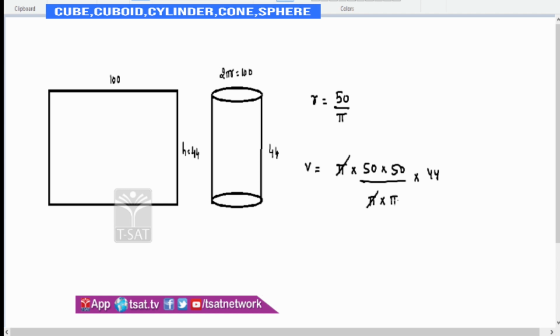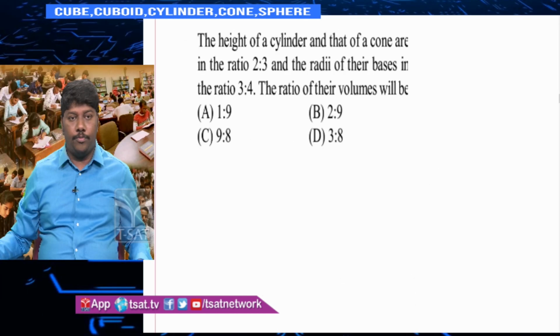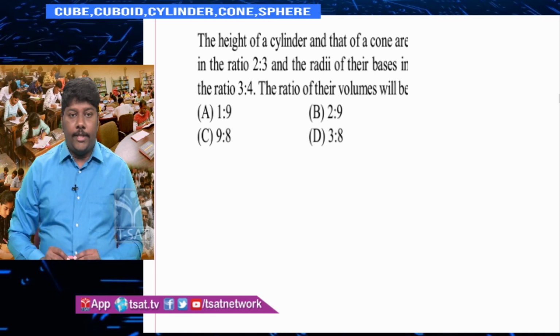This pi means 22 by 7. 22 ones are 22, 22 twos are 44, and 7 will come up. 100 into 350, so 100 into 350 is 35,000. Therefore the volume of the cylinder is 35,000 centimeter cube. Now look at the next one.